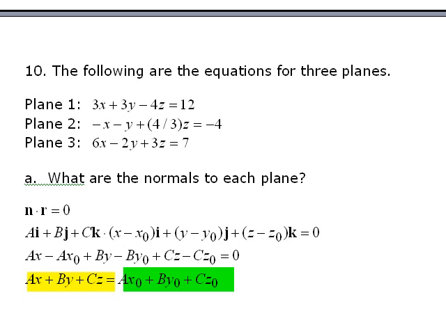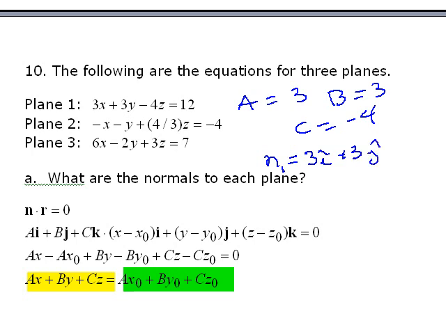So when I look at this equation, I could see that for this case, a is 3, b is 3, and c is -4. So the normal to this plane, for plane 1, is 3i plus 3j minus 4k.